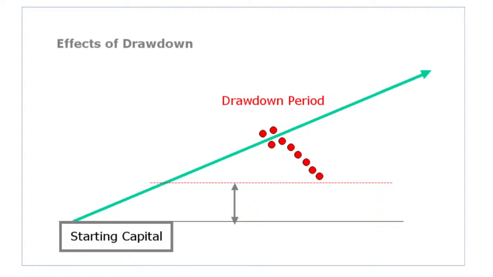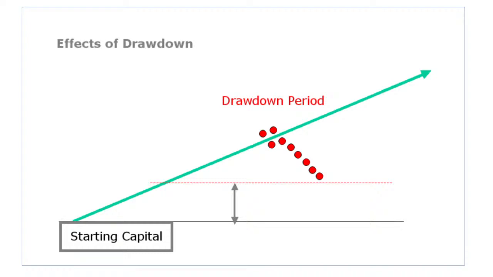Let's go to that next slide. So let's say then that we get a drawdown period. Could be a couple days, it could be a lousy week, and we give some back. So when the markets are hot and the momentum is strong and the price movement is smooth, we can incur nice gains, day after day after day after day.